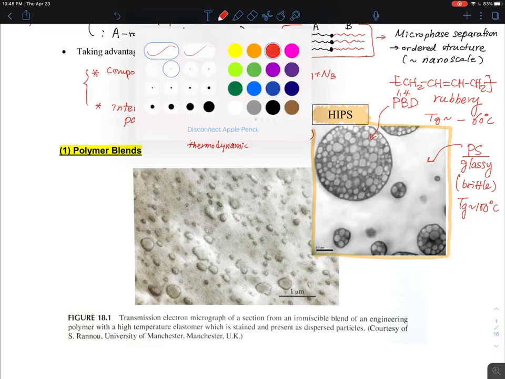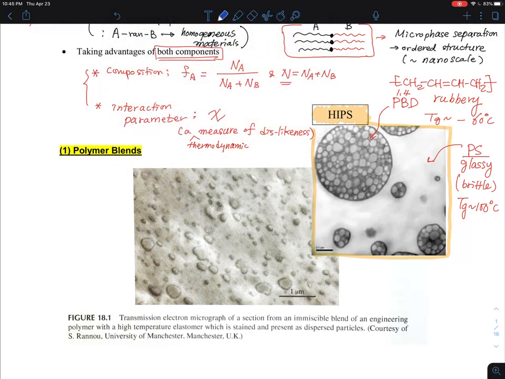HIPS means high impact polystyrene. Okay, people are using HIPS because it has an enhanced impact strength compared to the brittle glassy polymer.